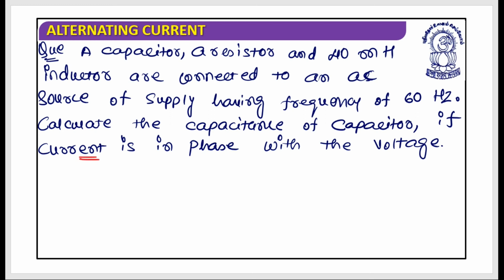So if current and voltage are in the same phase, you need to find out the capacitance of the capacitor.